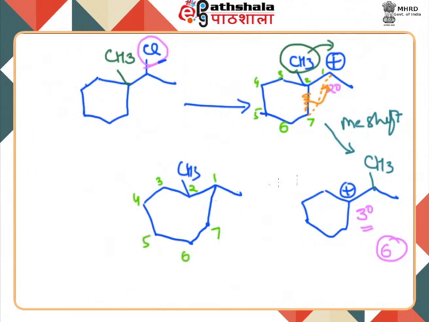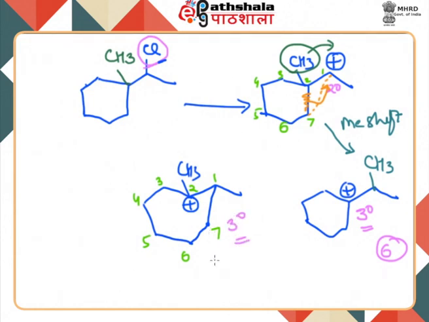Initially there was a bond between this 2 and 7 carbon, and now it has shifted to between 1 and 7 carbon. And you can notice that this will have the positive charge at this carbon. So this is also a tertiary carbocation that we have obtained.